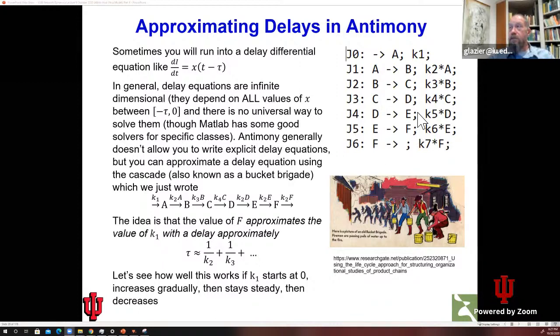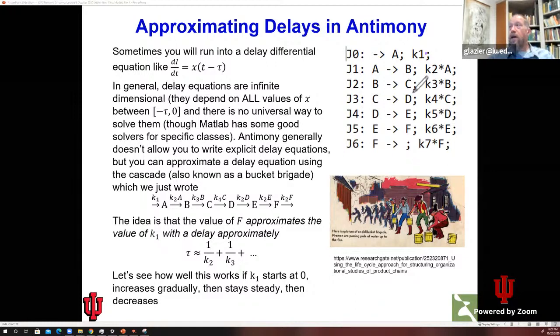Suppose that I have K1, and K1 now is not a parameter by itself, but is actually some variable that I'm forcing.